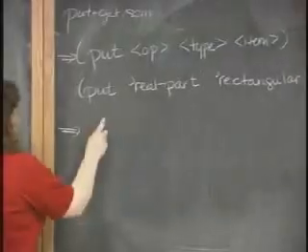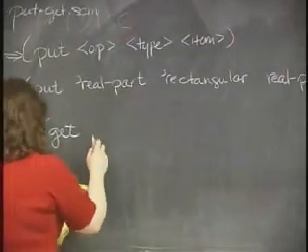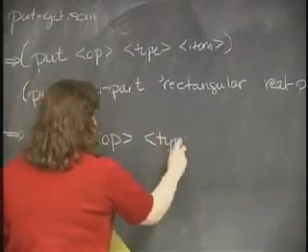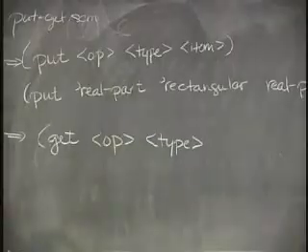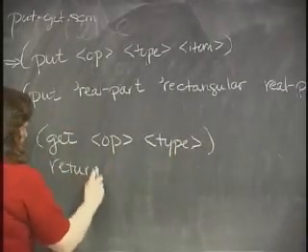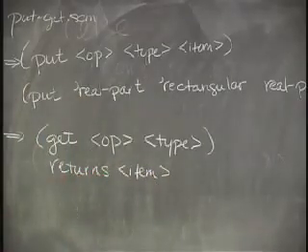So we also have get. And get takes an operator and a type, and it returns the item that was put in that slot of the table.